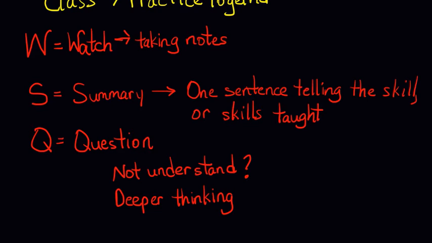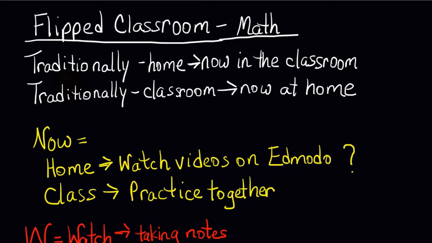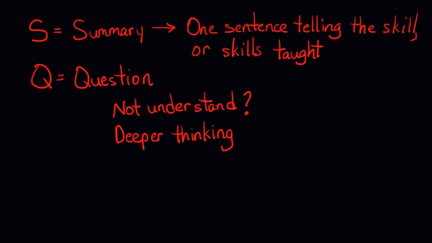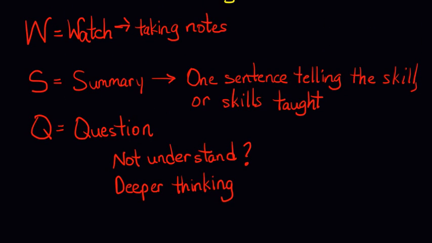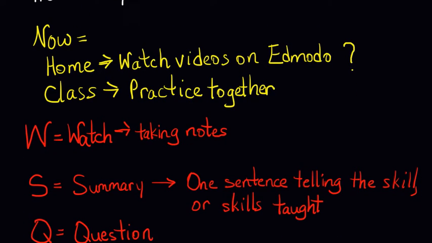So, in a nutshell, this right here is what a flipped classroom is going to look like. And this is what a flipped video is going to look like, except it's going to be more numbers than words. So what you are going to do right now is take notes on this video to show me that you can do the W part of your WSQ by watching it and taking notes.